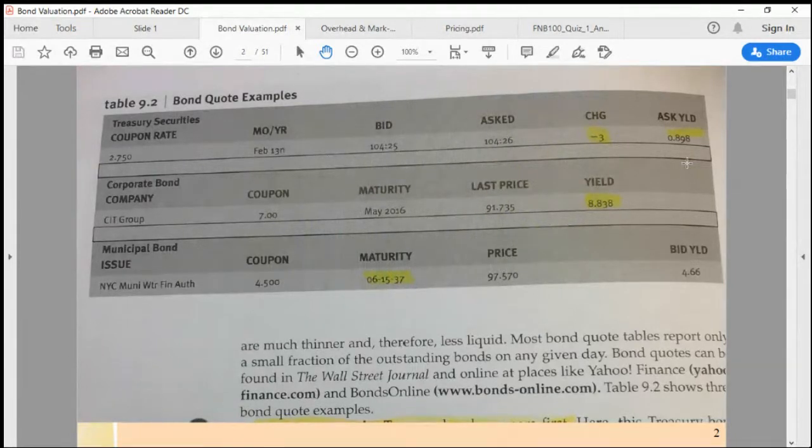In the house example, remember there are two types of scenarios. Scenario one, you have only capital gains or capital loss because you're using that house as just your home. But in scenario two, you use the house as a rental property.